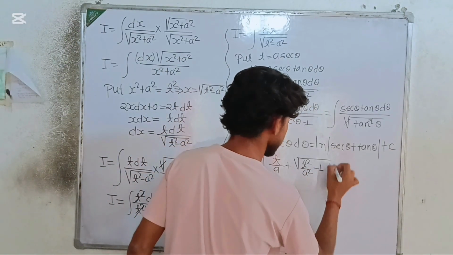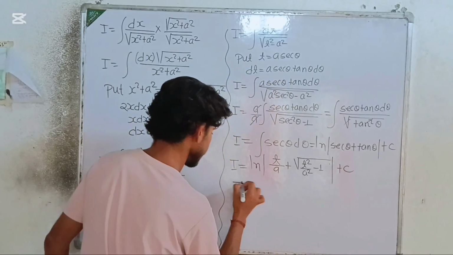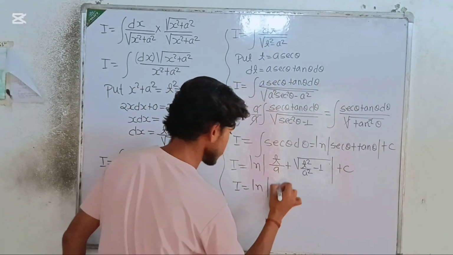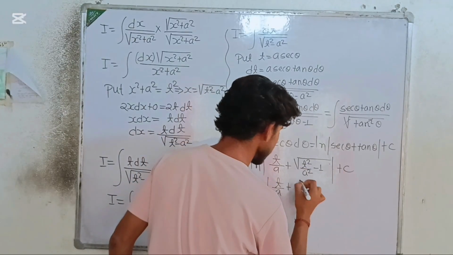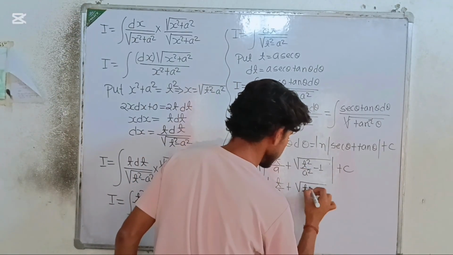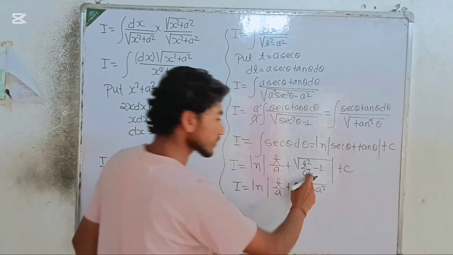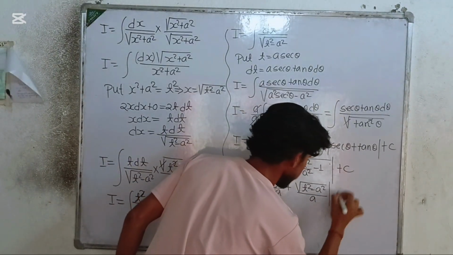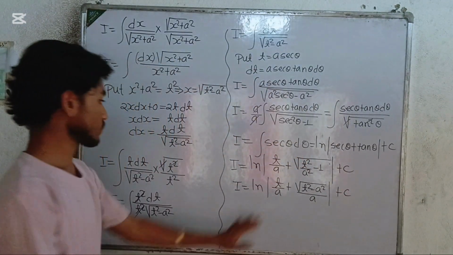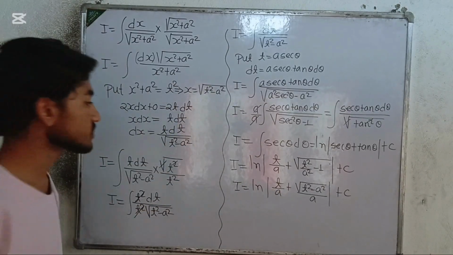And this is minus 1, and some constant c. So I is going to be ln of t over a plus, and if you take this out common, you get the square root of t squared minus a squared, and if you pull the a squared out of the square root, you get a, plus some constant c. I hope up to there this would be an easier task.